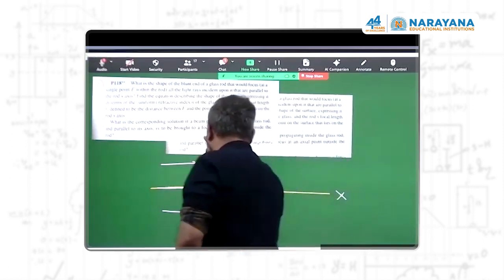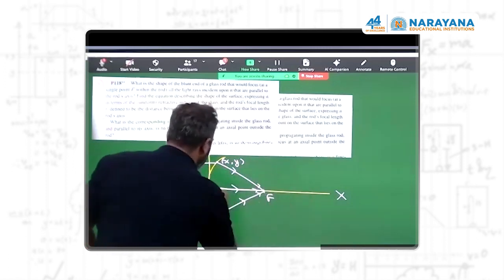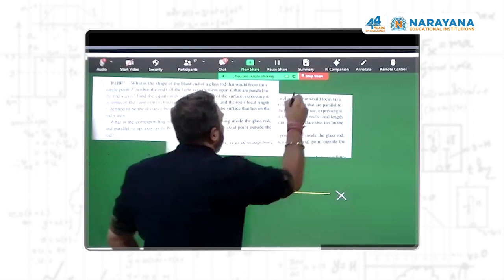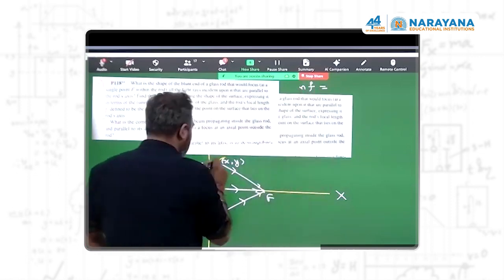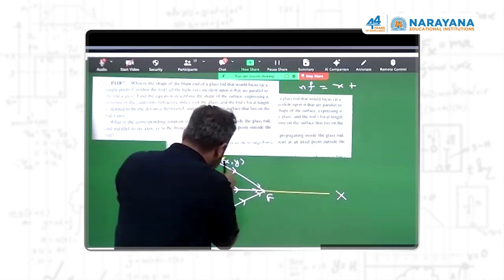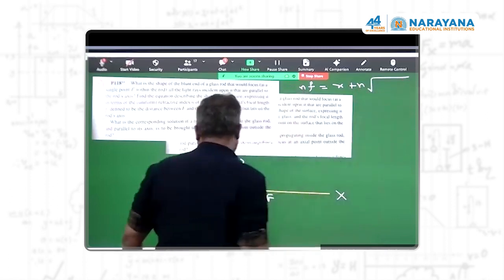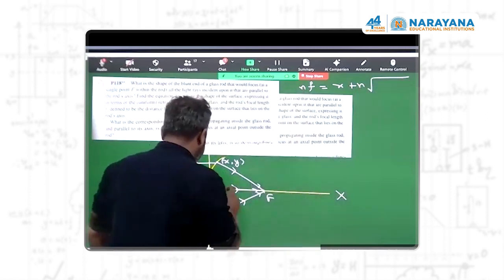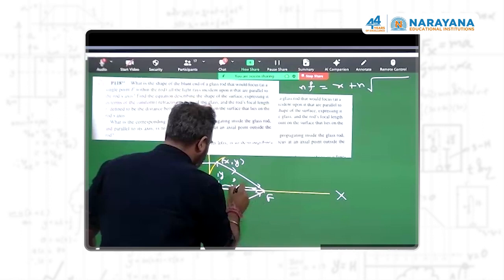Up to this point, wavefront, same phase, nothing happening. Now you are entering this medium, so refractive. So simply write n into F, that is the optical path length. Here you have got x, and quickly you can write this distance is n into the root of what this will become. This is x, y, so this distance is f minus x.